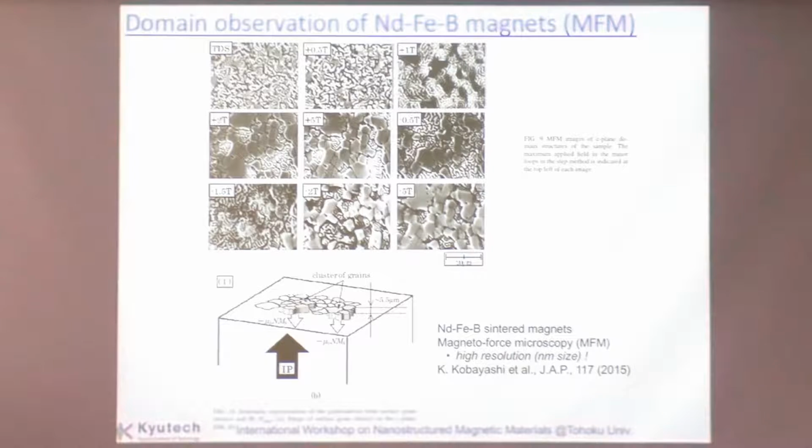They reported the magnetization process at the surface and the inside, and investigated the inside of the magnet. The advantage of MFM is its high resolution, at the nanometer size. So by using MFM, we can detect nanometer-size domain structures.